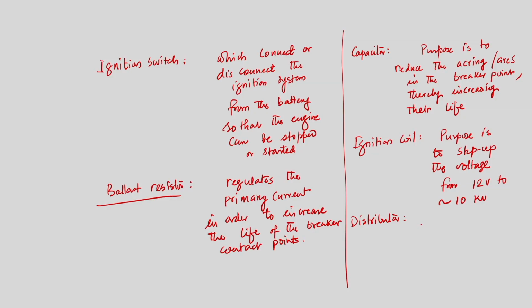So, the objective is, it opens and closes the primary ignition circuit. Number 2 is to distribute current in the respective cylinders.